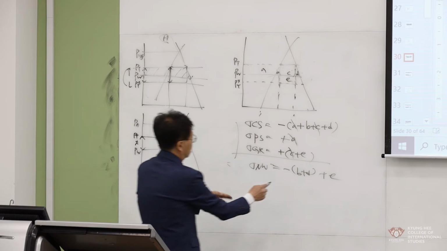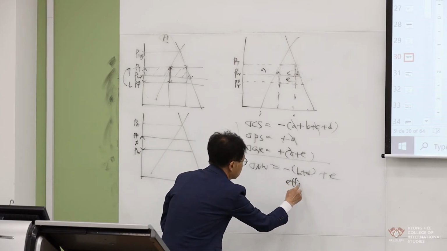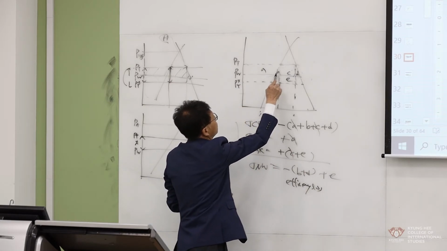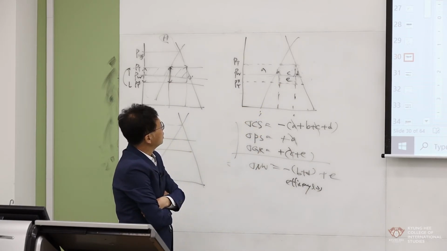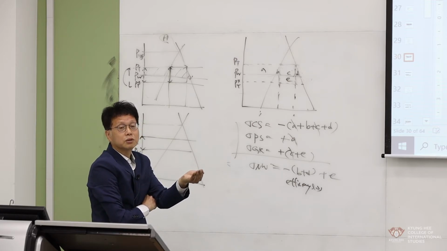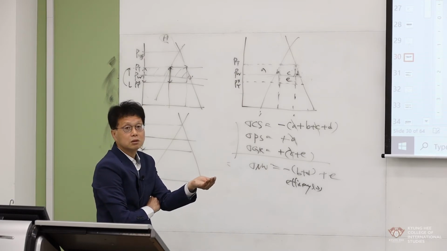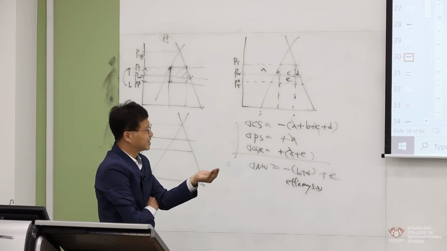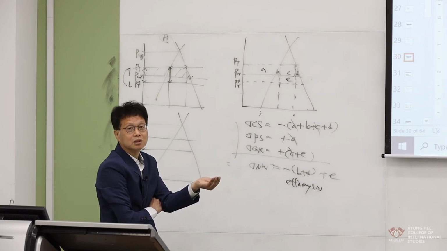We said this one is efficiency loss. What's the meaning of efficiency loss? Think about area B. Area B happened because the domestic price increased after imposition of tariff. So domestic consumers consume too little compared to the free trade case. Consumption decrease happens because of the imposition of tariff.